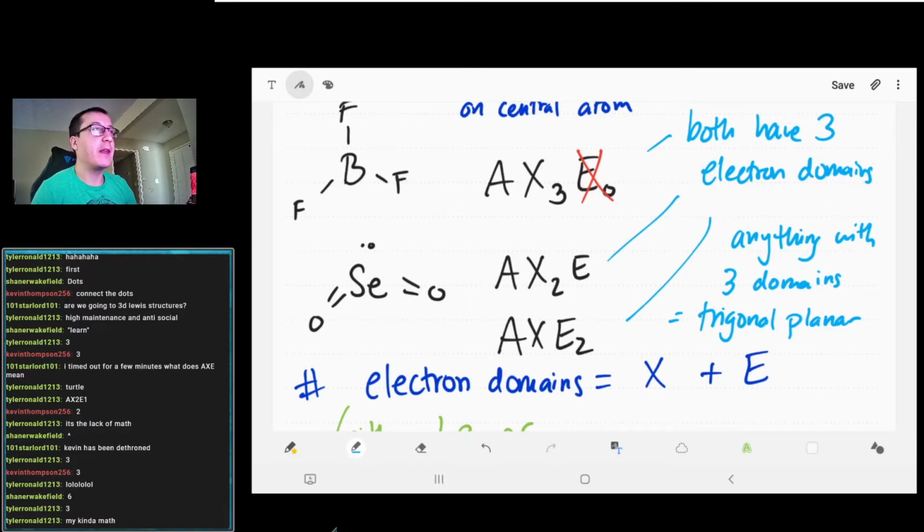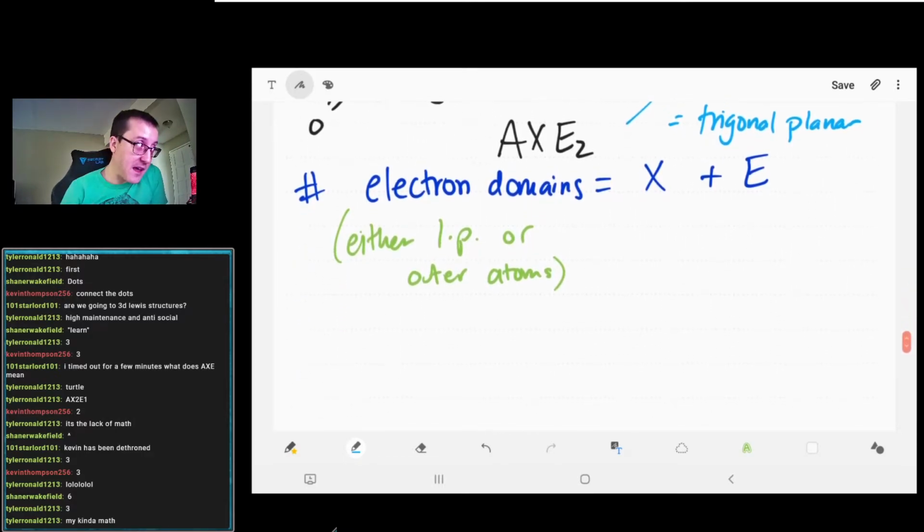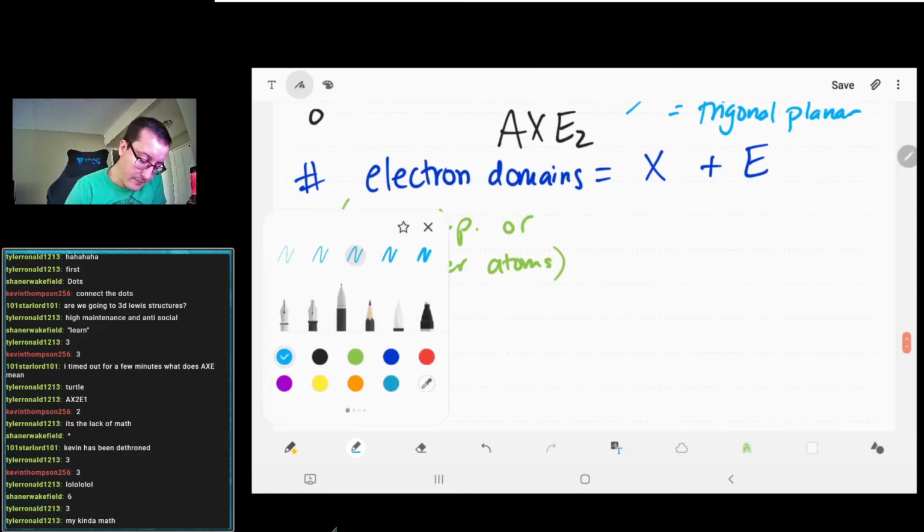So anything that would fall under the category of having 3 electron domains, that is to say your X plus E equals 3, will be trigonal planar in its geometry. So keep that in mind for now. Here's another molecule.